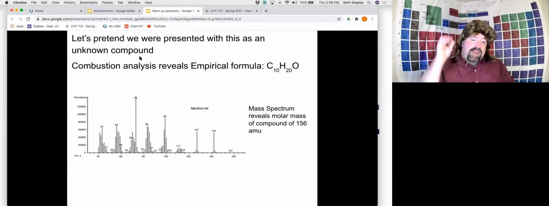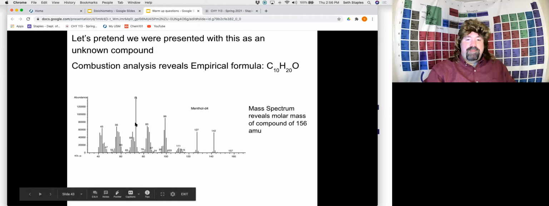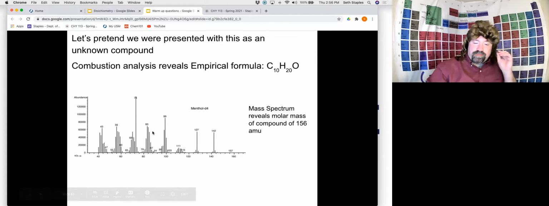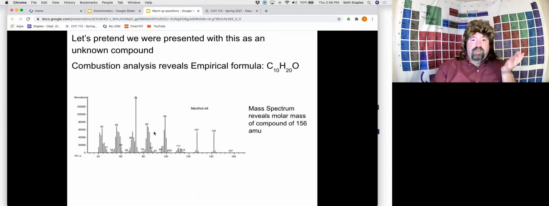We also put this into a mass spectrometer. It wouldn't show the compound here, obviously, if this was an unknown compound. But we put our unknown into an instrument called the mass spectrometer, and it gives us what we call a mass spectrum of the sample. We do that, and the data reveals an actual molar mass of 156 AMUs.